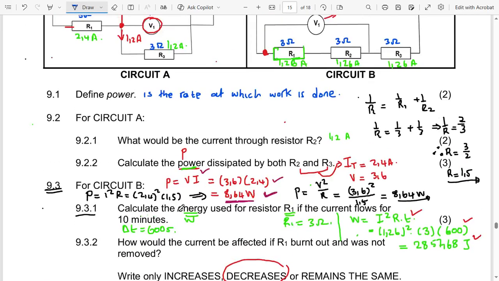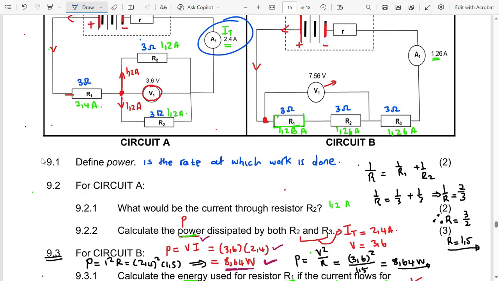So the total resistance is R1 in series plus the R of the parallel part. We just calculated the R of parallel to be 1.5. So we take the 3 and add it to 1.5, which gives us 4.5.